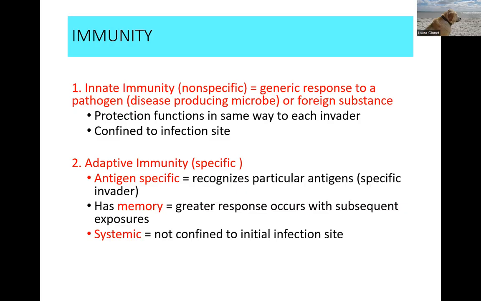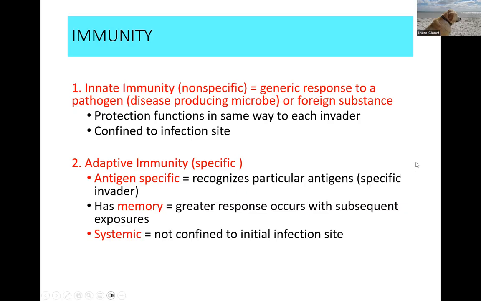It takes a fraction of the time compared to your first exposure to a virus that you've never encountered before. That takes time to figure out how to kill it and then clone all these cells and make all these antibodies and flood your plasma with them. So that's what we call having memory.